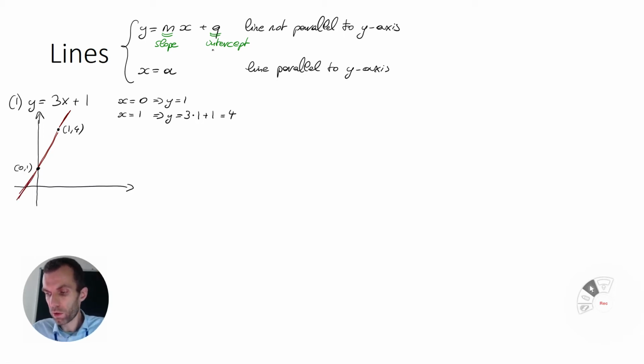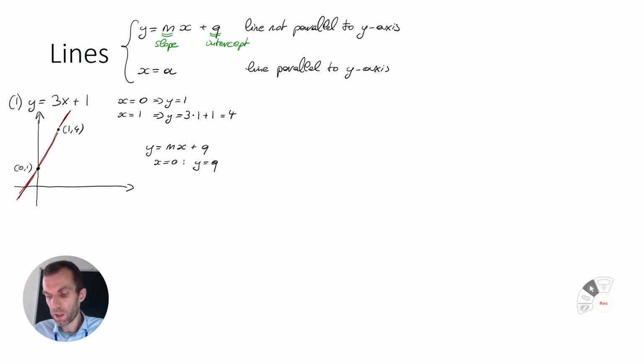So let's look a bit at these parameters, the intercept and the slope. If I take my general equation, y is equal to mx plus q, and I set x equal to 0, then I get y is equal to m times 0, which is 0, so y is equal to q.